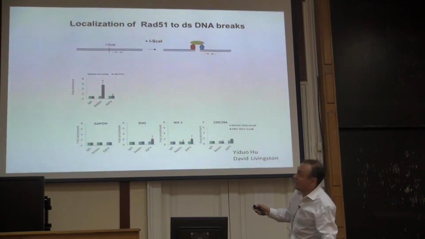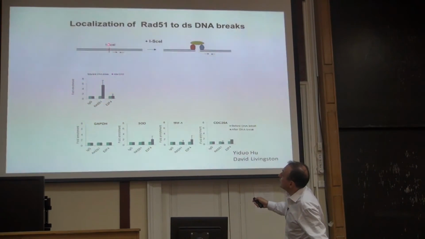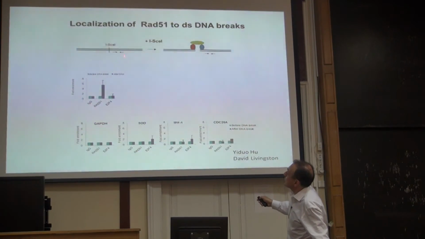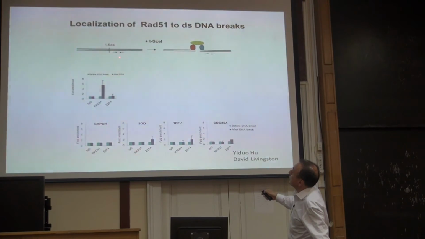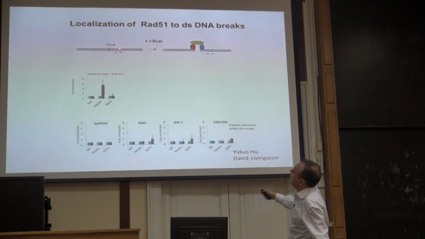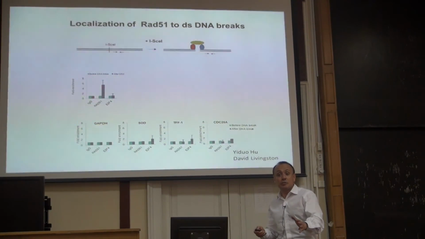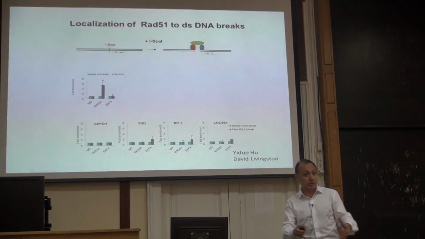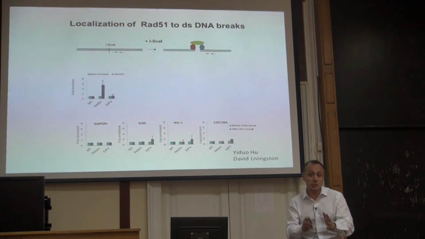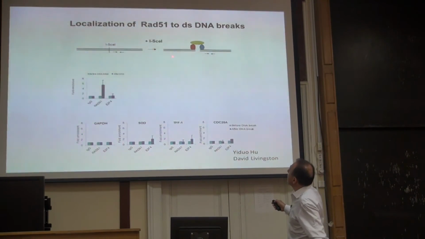Since we know exactly where the site is located in the genome, we have primers next to it. So by immunoprecipitating your protein and doing PCR, you can see whether your protein is sitting next to the cut site. You can look before and after. This way you can look at the recruitment of different proteins just to this specific cut site. And this is done here.